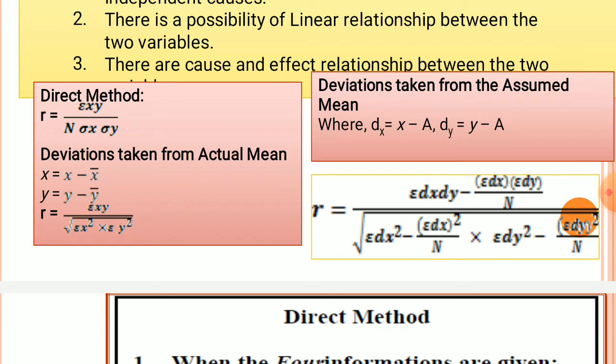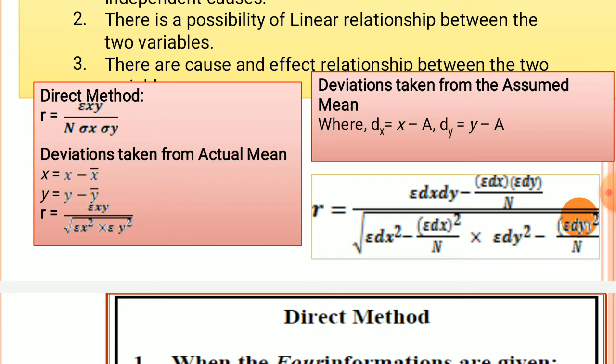X is treated as one variable and y as another variable. So the formula to calculate Karl Pearson's coefficient of correlation when deviations are taken from actual mean is r is equal to sigma xy by root of sigma x square into sigma y square.